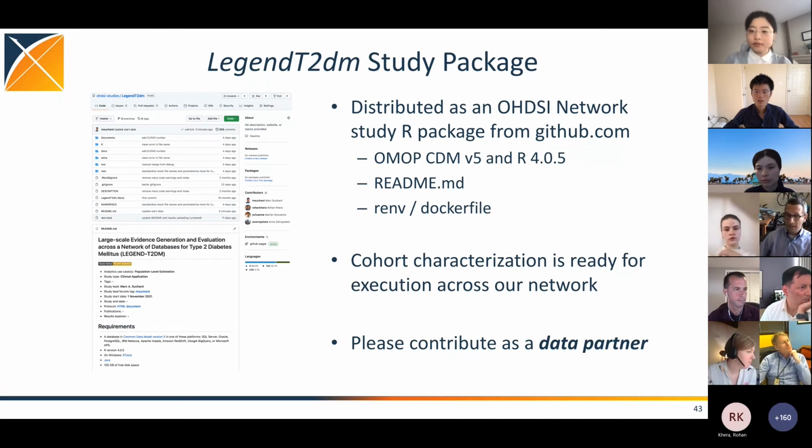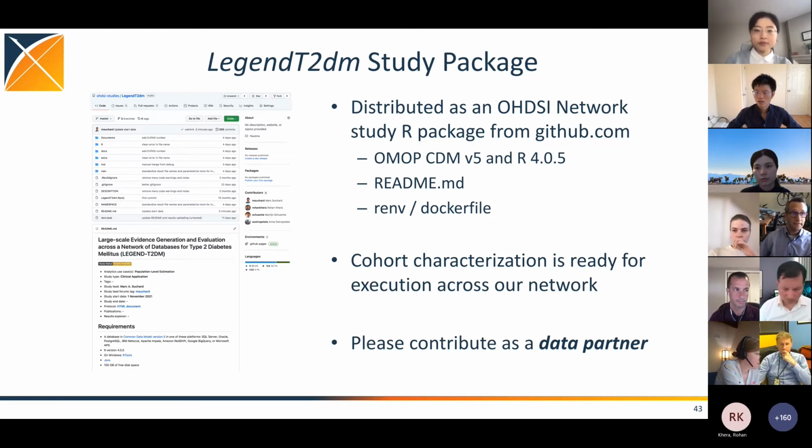Over here on the left, I have a clip of the GitHub page. At the bottom of the page, there's an extensive README document that gives you both the requirements and the first steps that you'll need to generate cohorts, characterize those cohorts, and begin with the analysis itself.